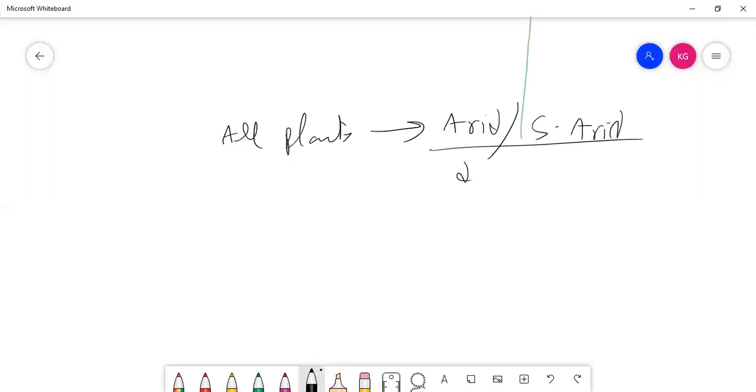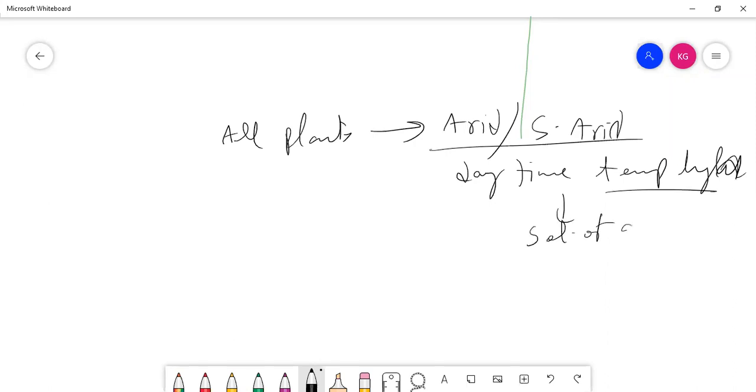Don't you know? And I told you that during daytime when temperature is high, what will happen to the solubility of gases? Decreases. Solubility of gases will decrease, and comparatively, what will happen to the solubility of CO2? CO2 will also decrease. Solubility of CO2 decreases in the aqueous medium.